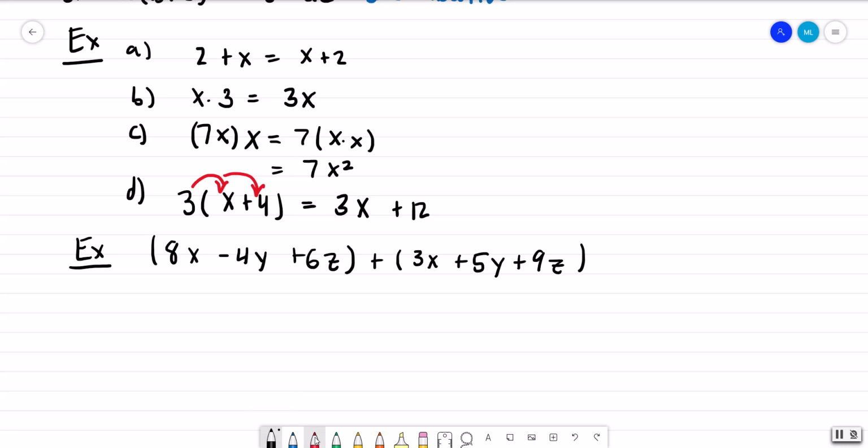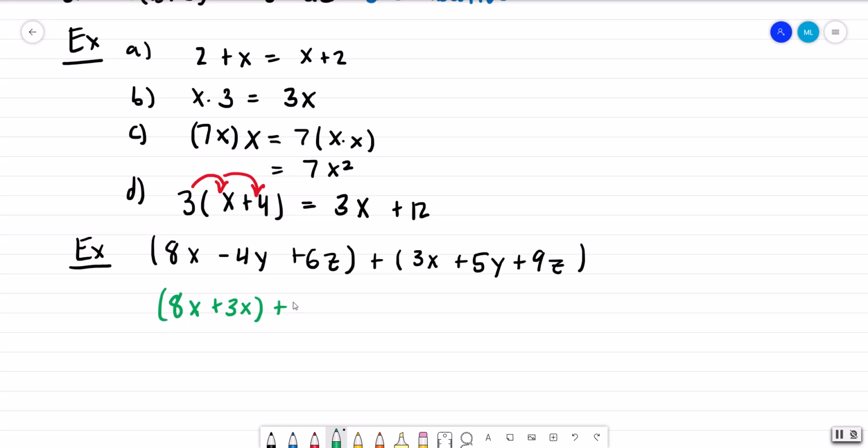Alright, so in this example, all that we're trying to do is add or subtract as needed. All that needs to be done is that we can group some terms together. So we have 8x plus 3x, and we're just going to add that.